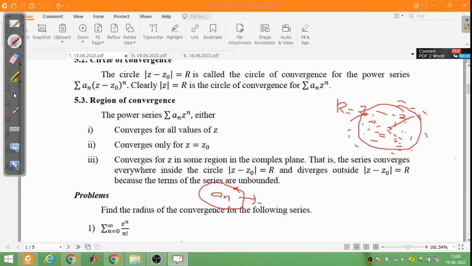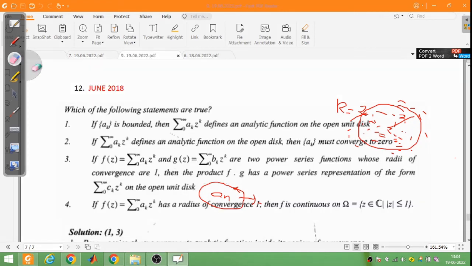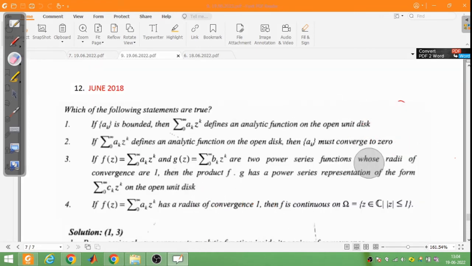So now we see this problem. If a_k is bounded, then the sum of a_k z^k defines an analytic function on the open unit disk. Is it correct or not? Is this true or not? If a_k is bounded, then it defines an analytic function.